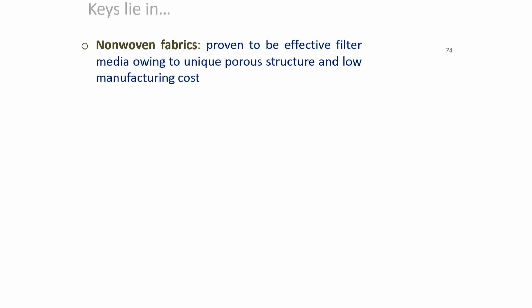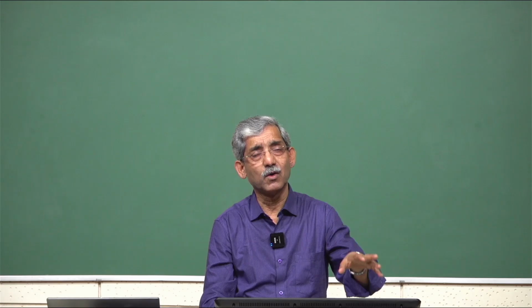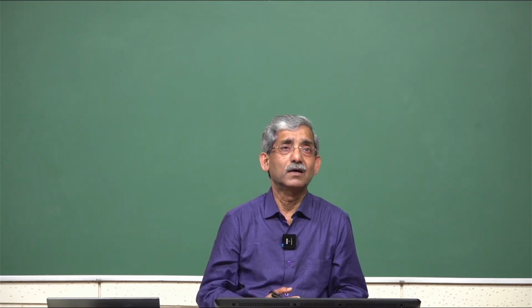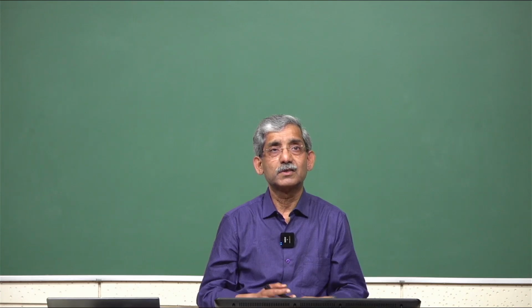Nonwoven fabrics were used as an effective filter media owing to their unique porous structure and low manufacturing cost. We targeted the needle punched nonwoven fabric particularly, because it is simple and its cost is low. It is porous.